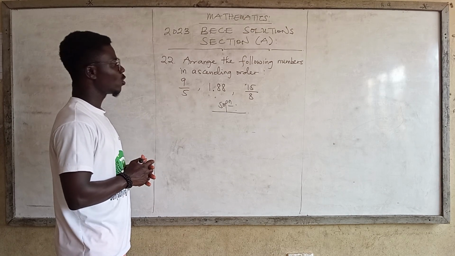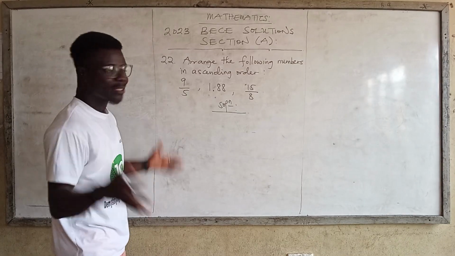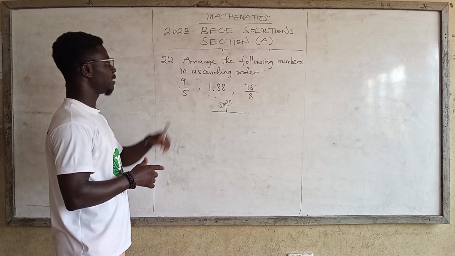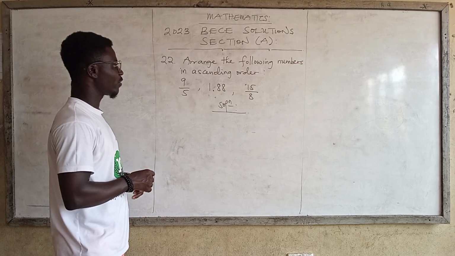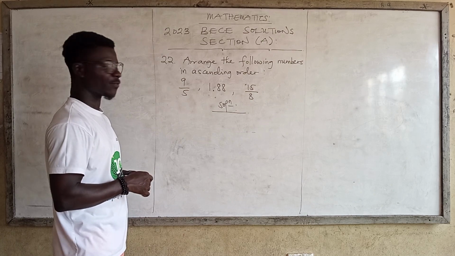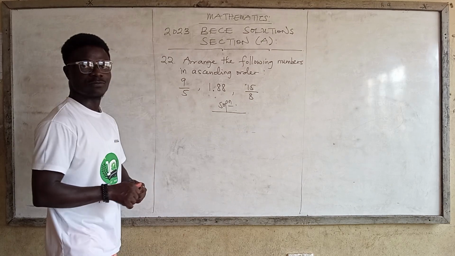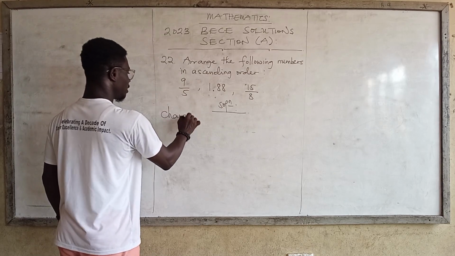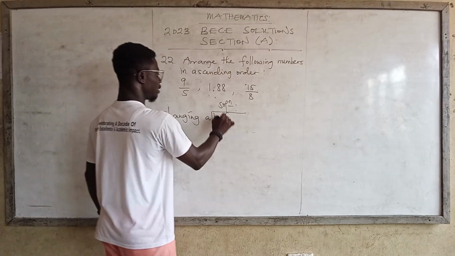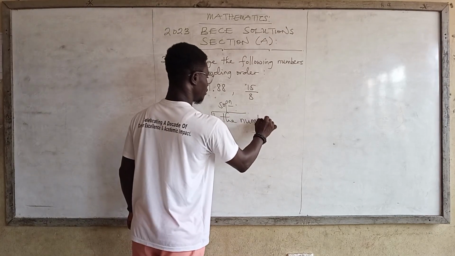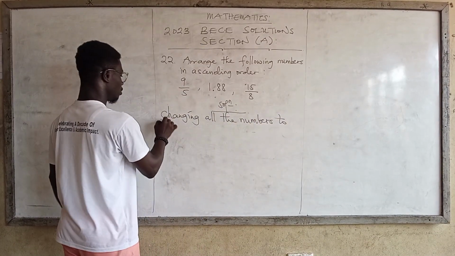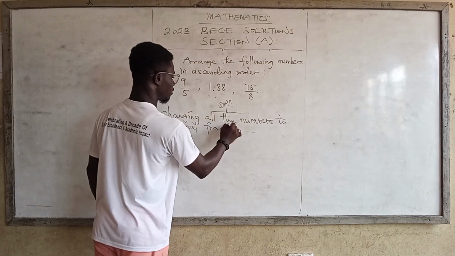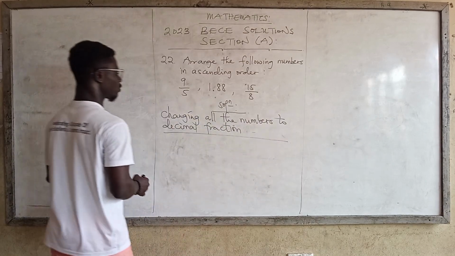Let's start with changing all the numbers to decimal fractions. That's very, very simple. Then we compare the numbers. So which means that we have to divide.